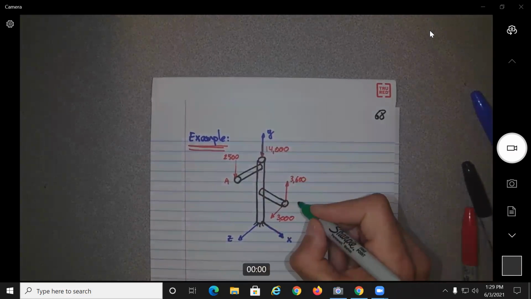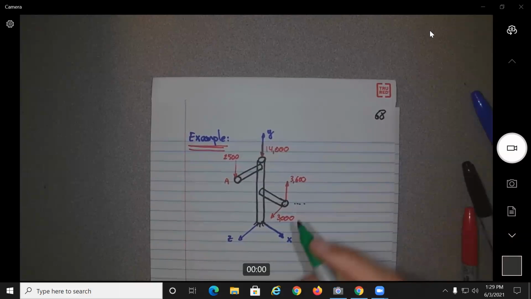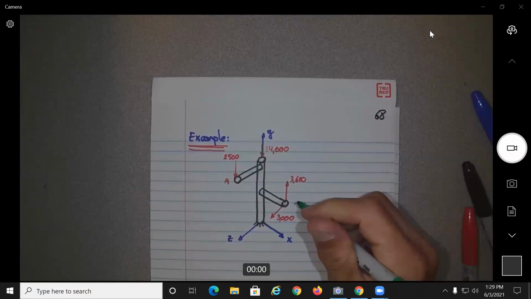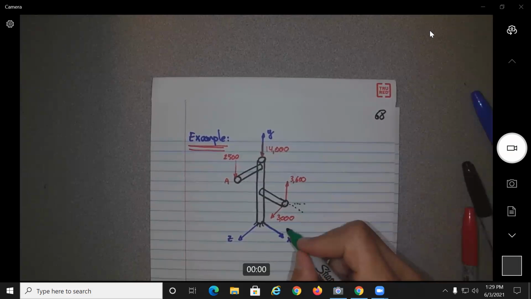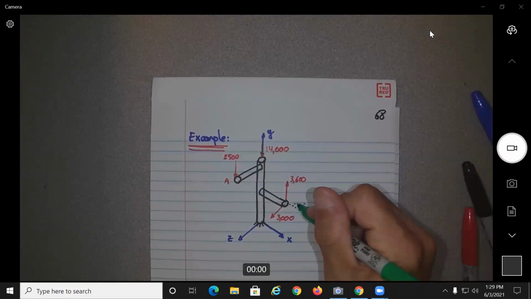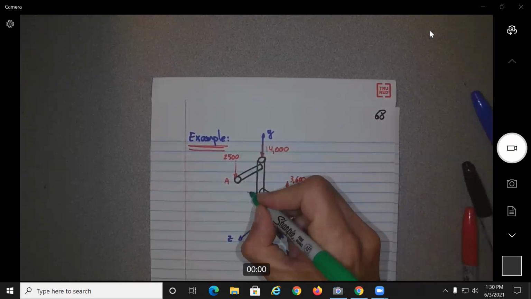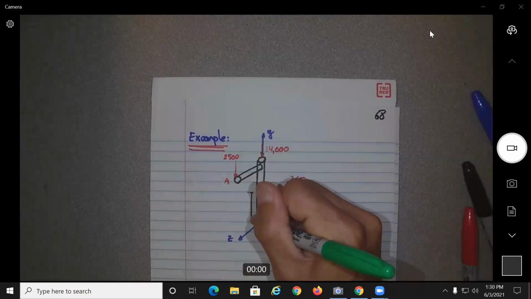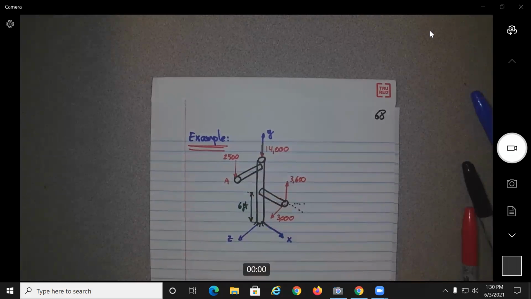And let's see, we know the height over here. So let's see what will be the height. So this point to this point, so let's say this one to this one here would be 6 feet.